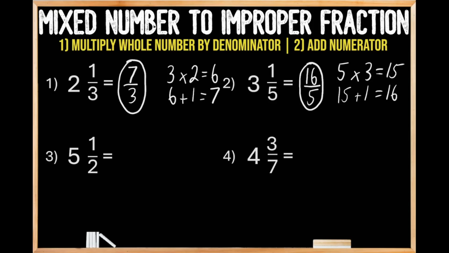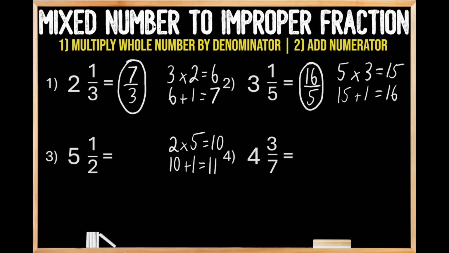So our first step to convert this to an improper fraction is to multiply our denominator of 2 by our whole number of 5. And when we multiply 2 times 5, we get 10. So that means that our 5 represents 10/2. And now we need to add on our numerator. And here we had a numerator with a value of 1. So we're going to add that onto our 10, which is going to give us 11.